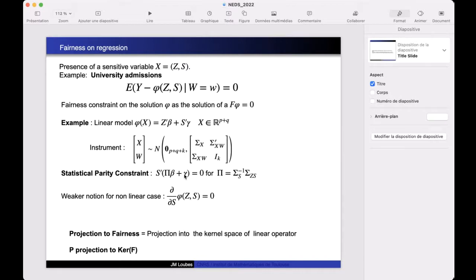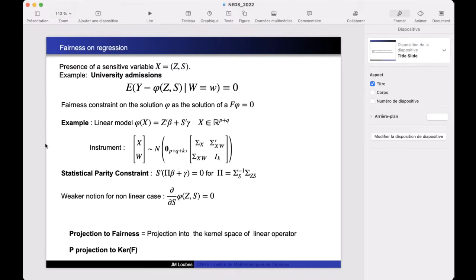And in fact, you can see that the constraint is a kind of image by a linear operator of the function. So in fact, the fairness constraint here, the independency, you can write it as the fact that the function belongs to a kernel of some operator.